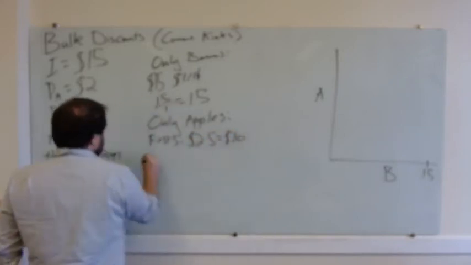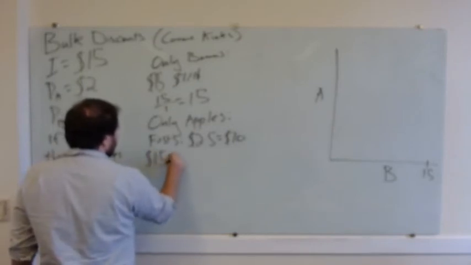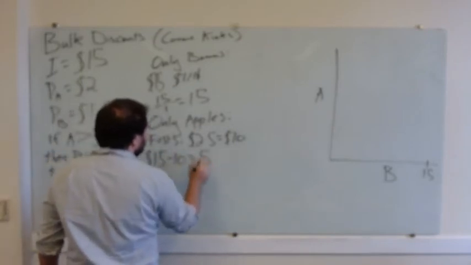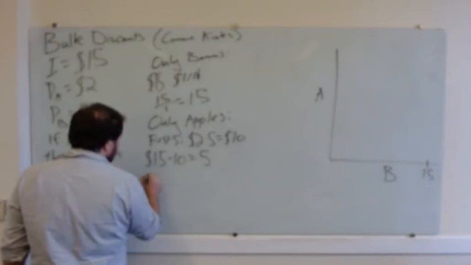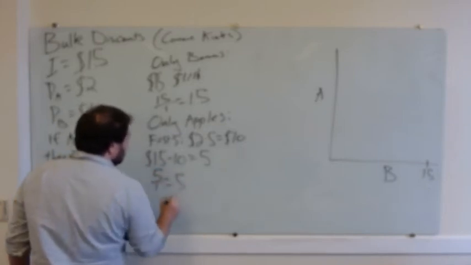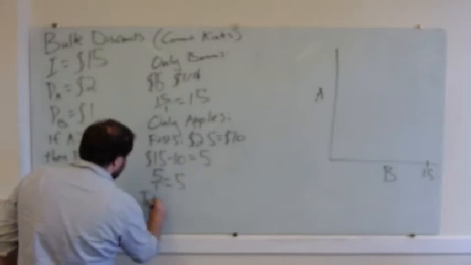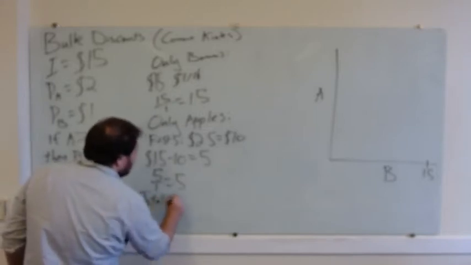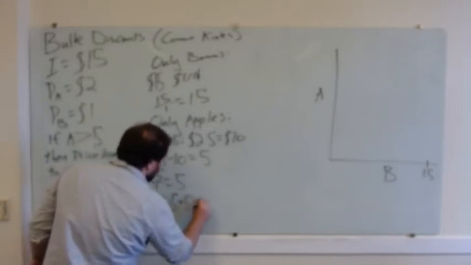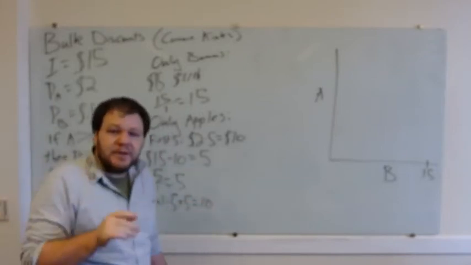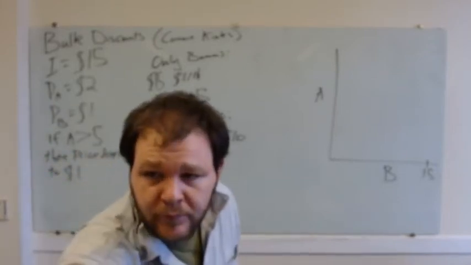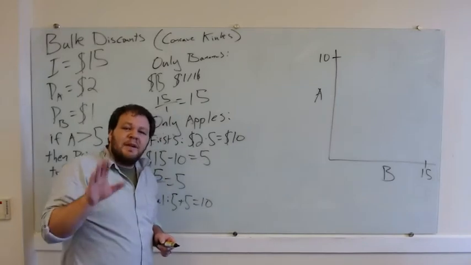That leaves you with 15 minus 10 is $5, right? And then they're $1 each from there. So 5 divided by 1 is 5. So total, you can afford 5 plus 5 is 10 apples. Sounds good? Right, so 10 apples, 15 bananas.